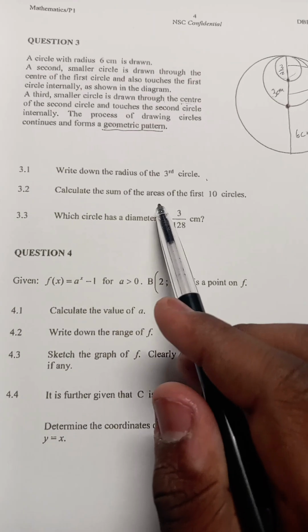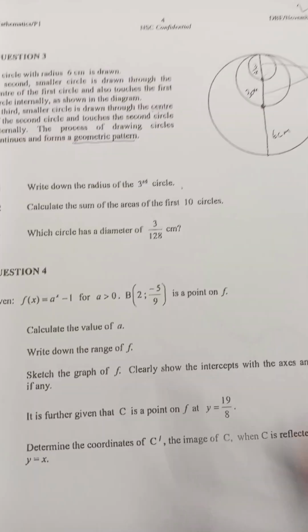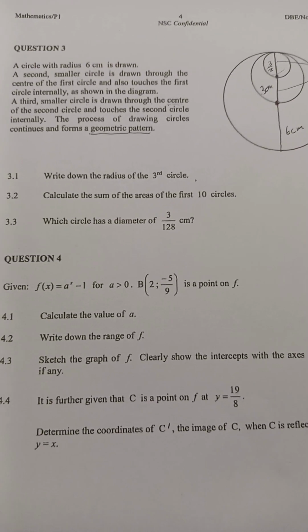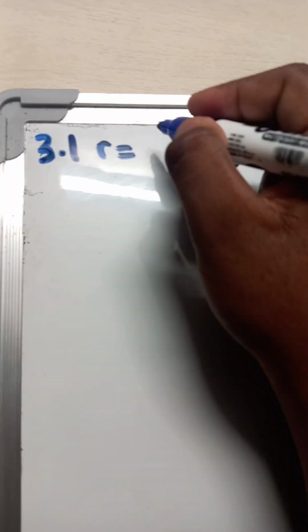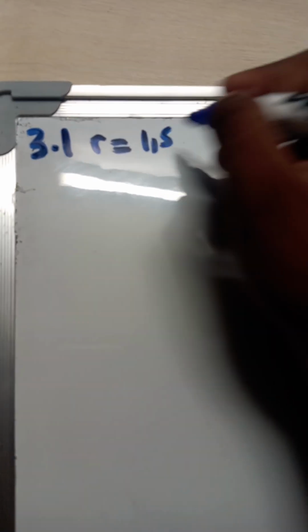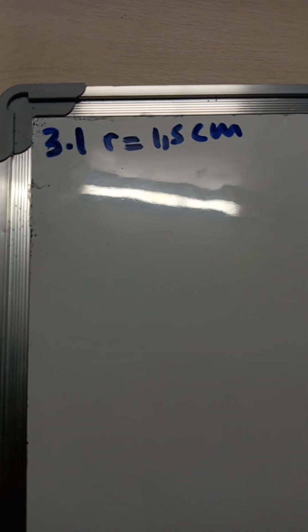Now calculate the sum of the areas of the first 10 circles. Interesting. Calculate the sum of the areas. Now let's go through this. What is basically happening here is that on 3.1, what do I have now? I know that r is equal to 1.5 centimeters for the one in the big circle, right? That's what I know.